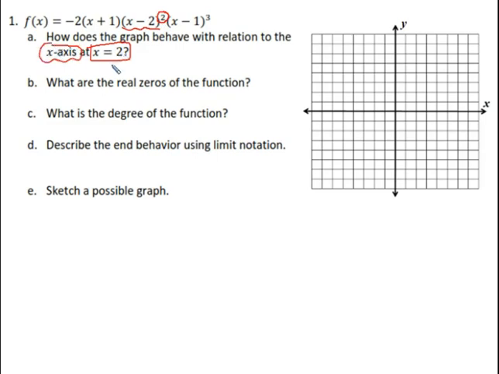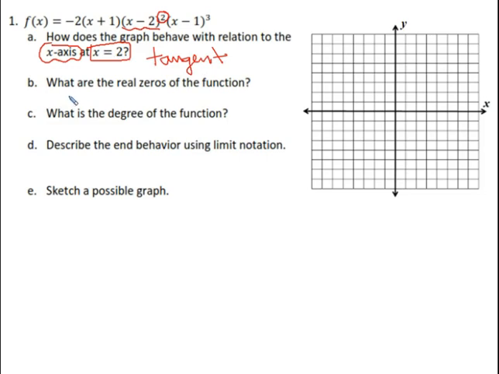Is it tangent to it? Is it just touching the x-axis at this point? Or is it actually going through the x-axis at this point? Well, an even multiplicity, in this case of 2, would mean that our graph should be tangent to the x-axis when x equals 2. Tangent just meaning it just touches it.